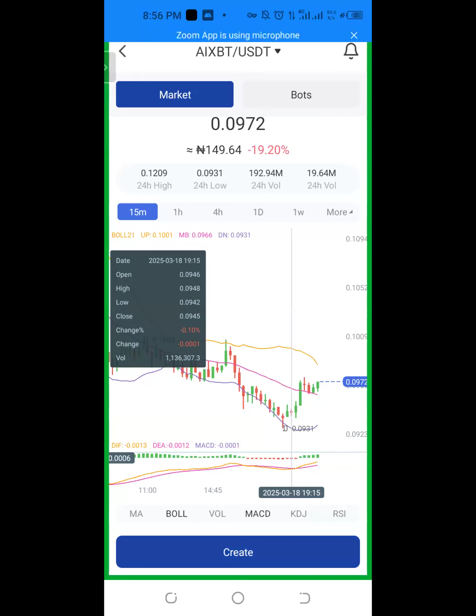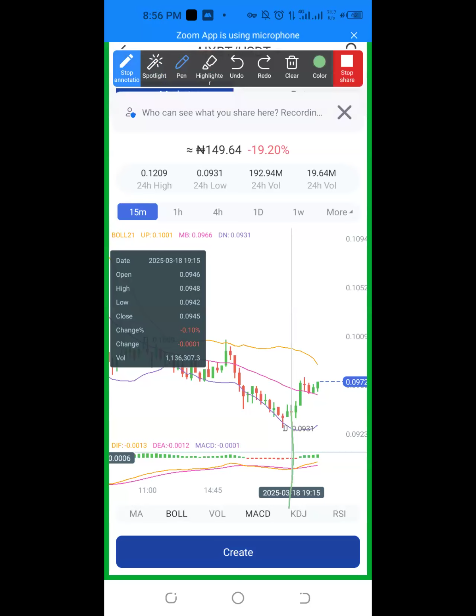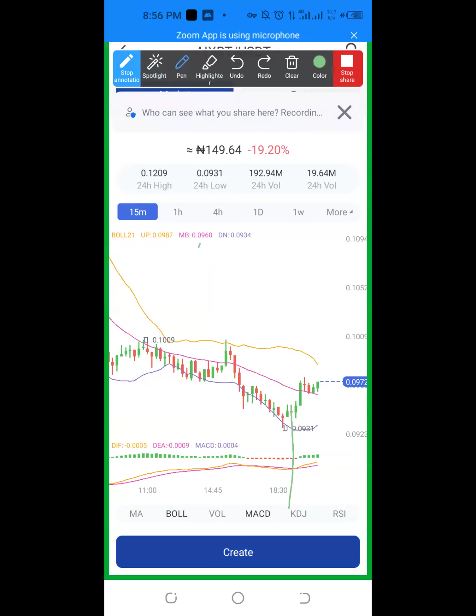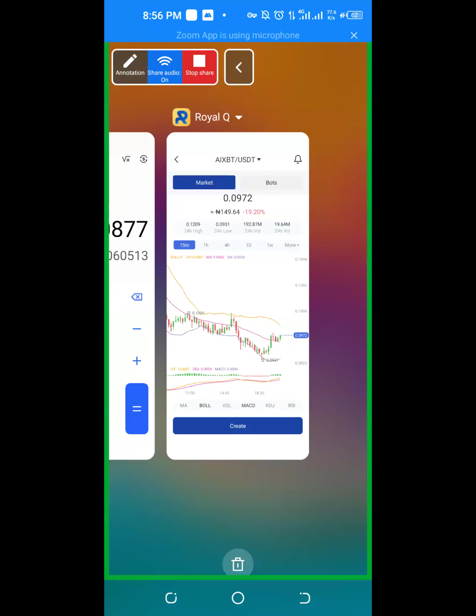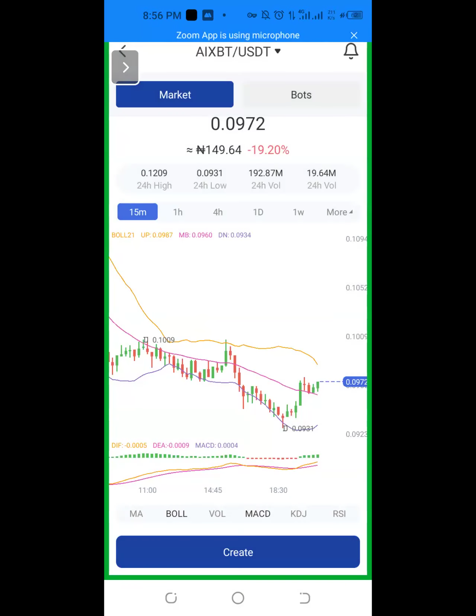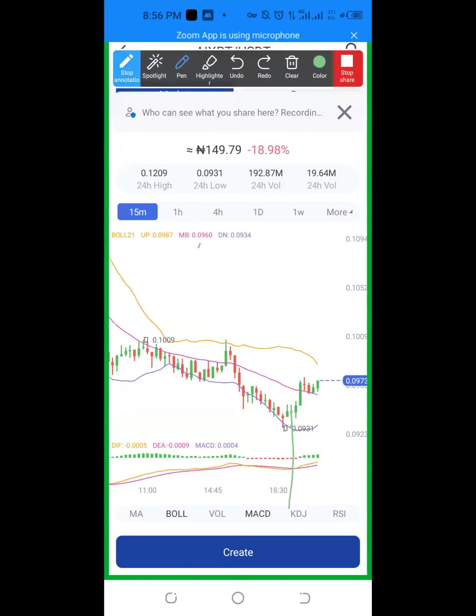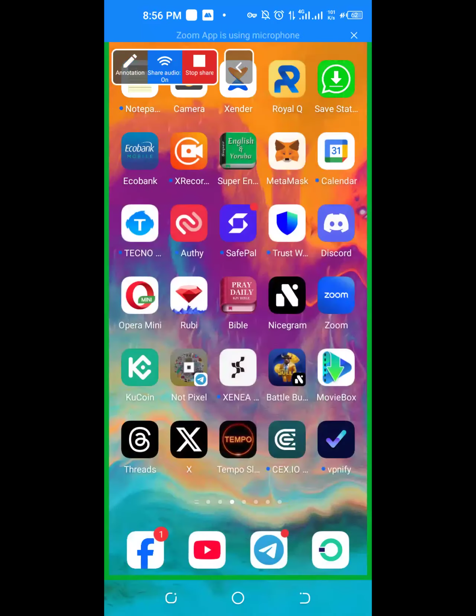So this candle here opened at 0.0946. Are you seeing it here? When I click that candle, it opened at 0.0946. And the current price now is 0.0973.